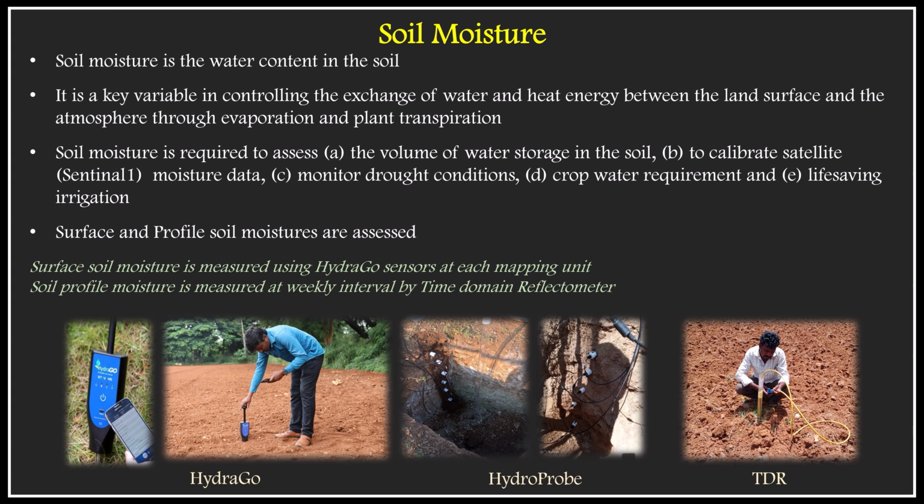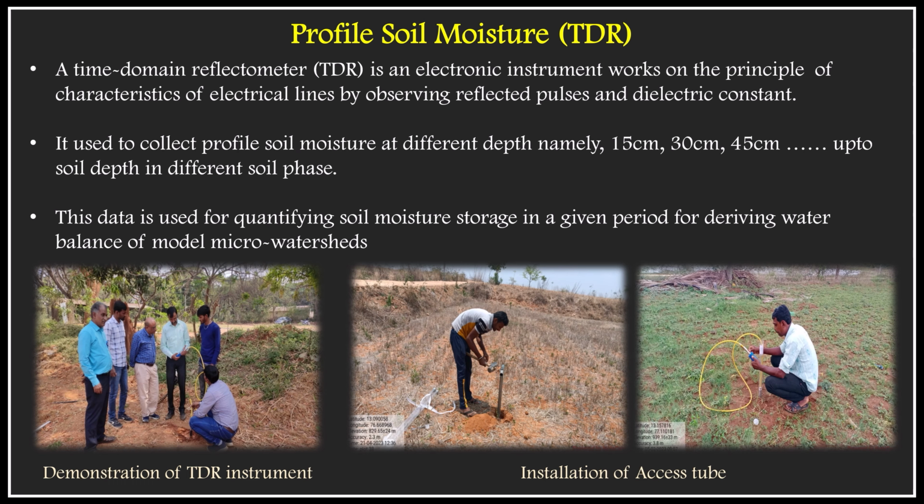HydroGo instrument is used to measure surface soil moisture and time domain reflectometer to measure soil profile moisture. Profile soil moisture is measured using time domain reflectometer at different depths such as 15, 30, 45 cm up to soil depth in different soil phases.